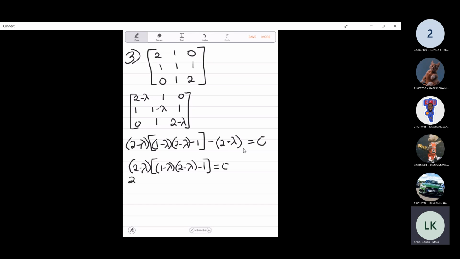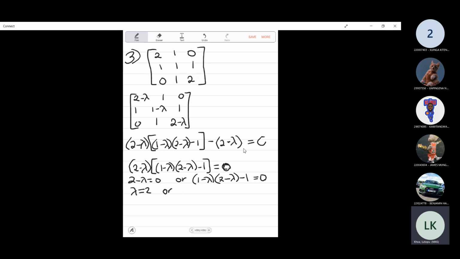So 2 minus lambda is equal to 0, or 1 minus lambda, 2 minus lambda, minus 1 is 0. Okay, then this means lambda is equal to 2. And with the second one, I have to simplify it.